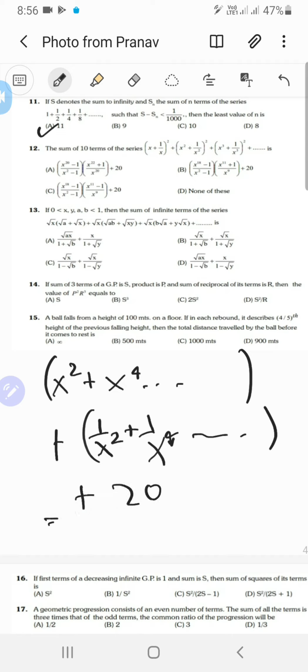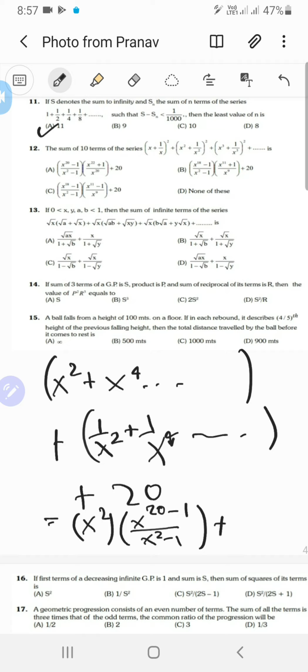The first part is x squared times x raised to 20 minus 1 upon x squared minus 1. Then plus 1 over x squared times 1 over x raised to 20 minus 1 upon 1 over x squared minus 1.